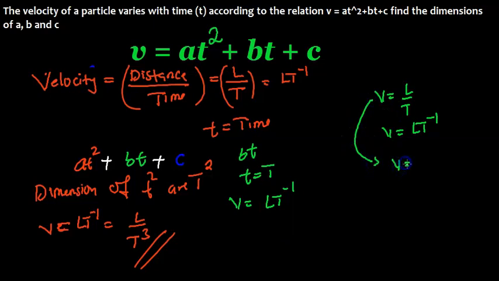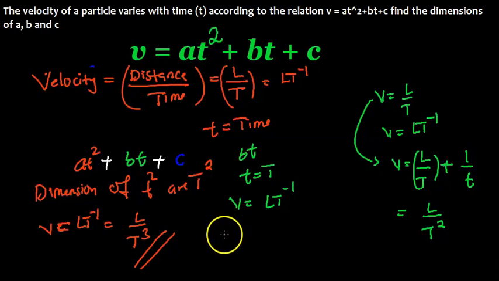What if we set velocity, which is L divided by T, and our BT has only one T there, so we multiply. L multiplied by 1 over T is simply going to be L divided by T squared. We can conclude that to match the dimension of velocity, B must be equal to L divided by T to the power of 2.